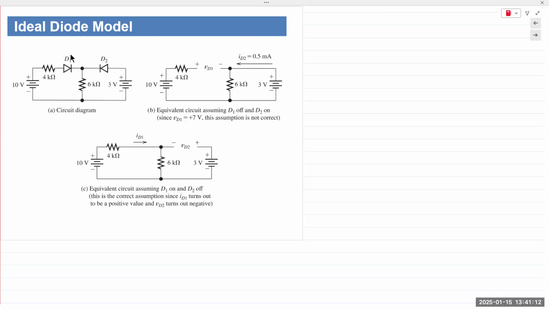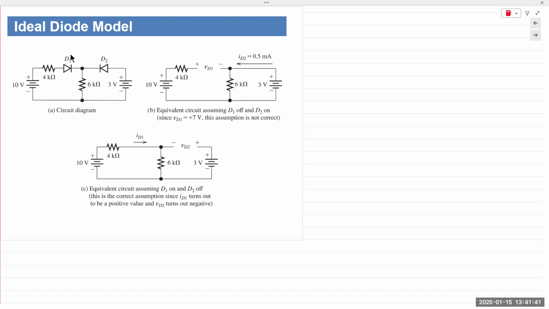If I take D1, generally speaking, I have a 10-volt supply to the anode of D1, and I have a 3-volt supply on the side of the cathode of D1. Just look at D1, nothing else. If you look at D1, I have 10 volts at the anode and 3 volts at the cathode.